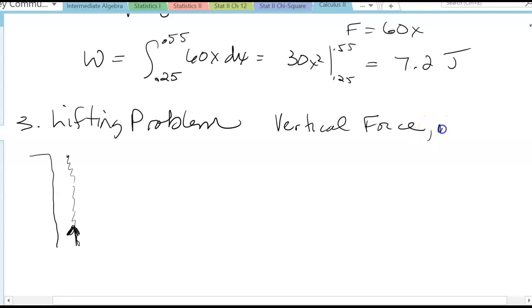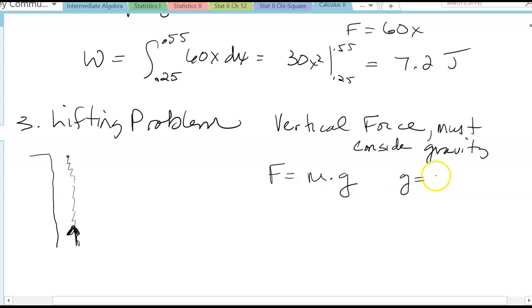We must consider gravity when we're talking about vertical force. So, when talking about vertical force and gravity, force is actually equal to the mass times gravity. For gravity, for these problems, we're going to use our metric system, 9.8 meters per second squared.